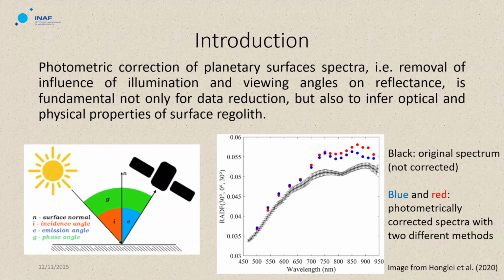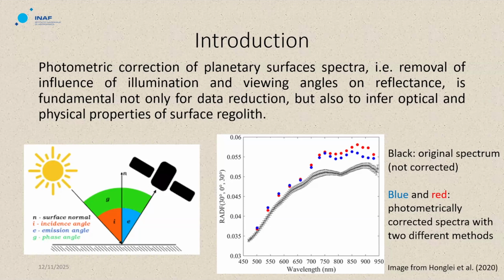This is an observed spectrum, and the blue and the red dots are photometrically corrected spectra with two different photometric corrections. So we have to be careful with the correction applied, but some slight difference can be present.